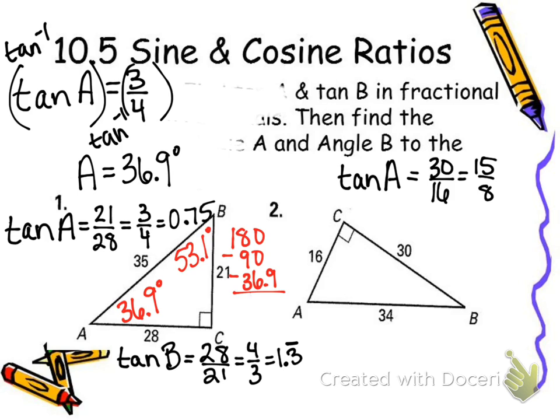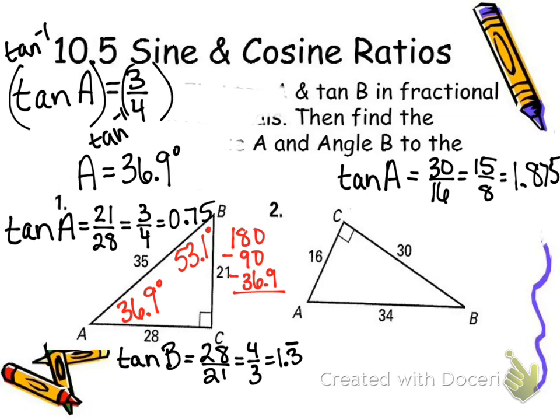Okay. We've got tangent of A as a fraction. We don't yet have it as a decimal. What would 15 over 8 be as a decimal? Good, 1.875.